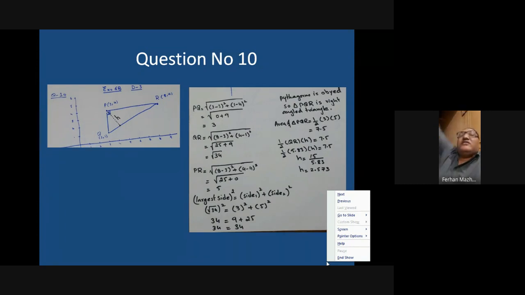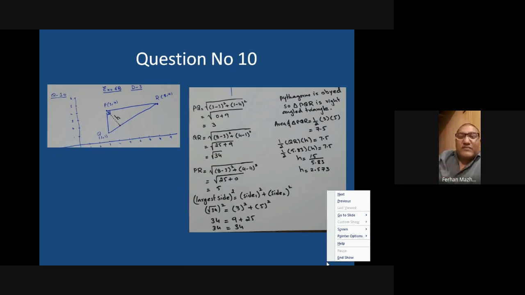So here we did this. The largest side is under root 34, and its square will be 34. The other two sides are 3 and 5, so you square them. That will be 9 plus 25, that will be 34. So the square of the largest side is equal to the sum of the squares of the other two sides. This means that the Pythagoras theorem has been obeyed.